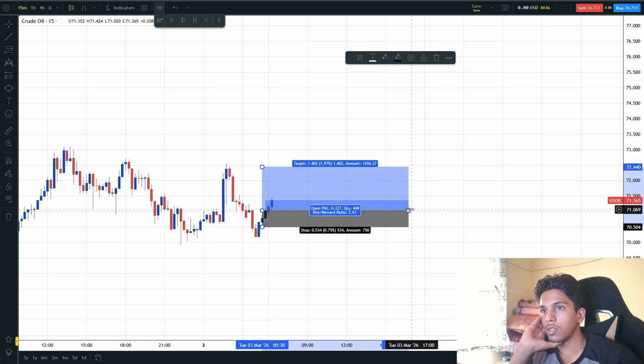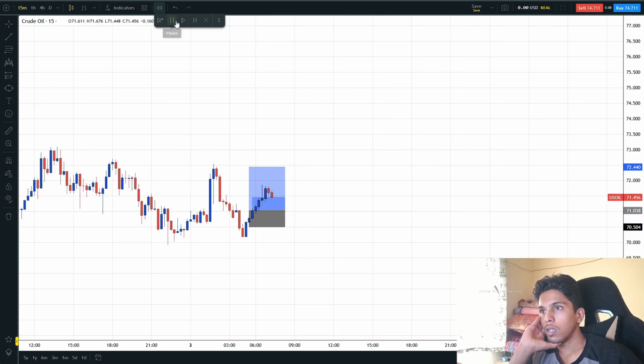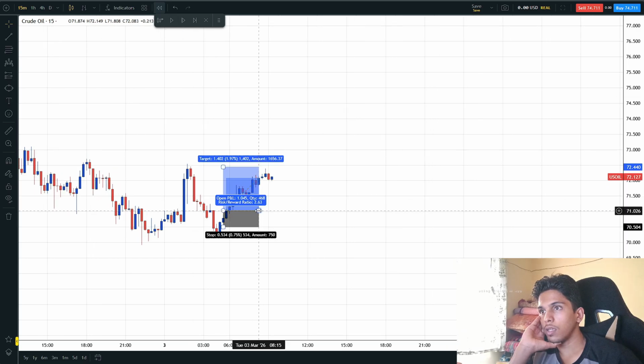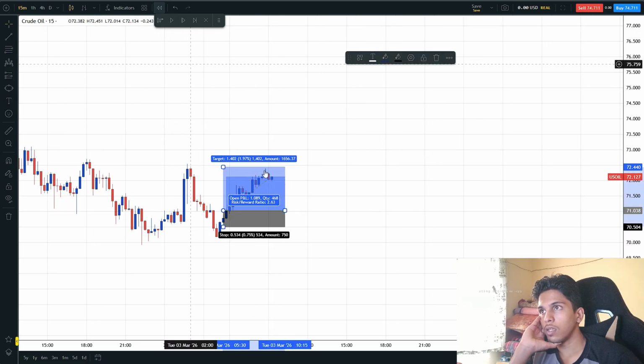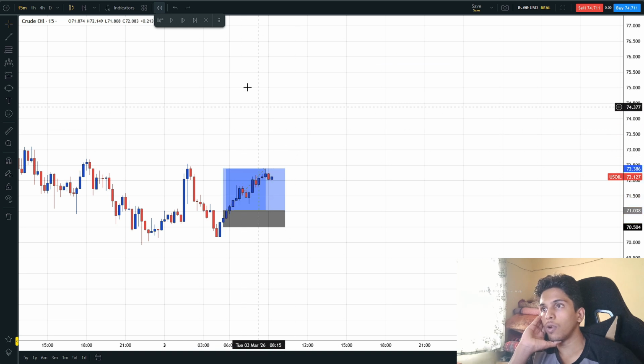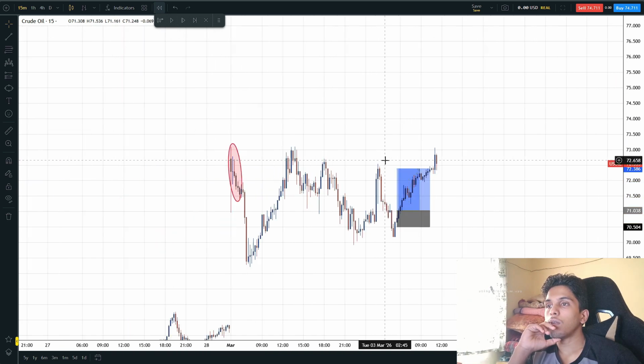Still I am interested in this trade. As you can see here, we are getting a TP, easy money. 2.5 is my ratio, not 2.44, and we have got over 2.52.